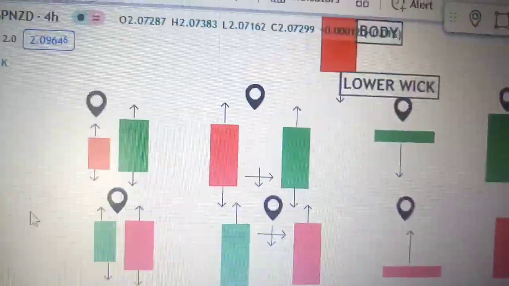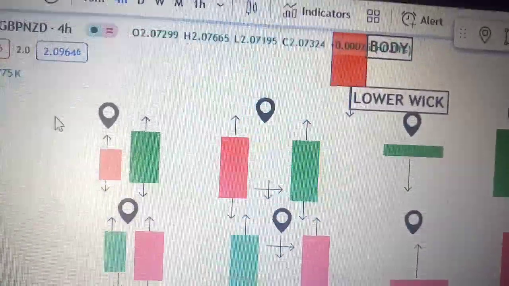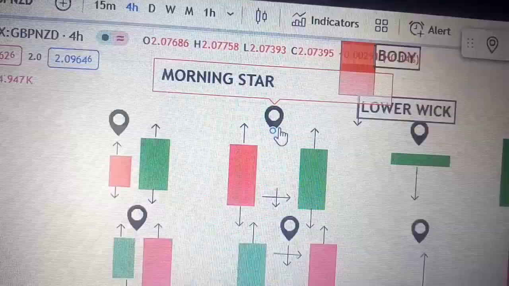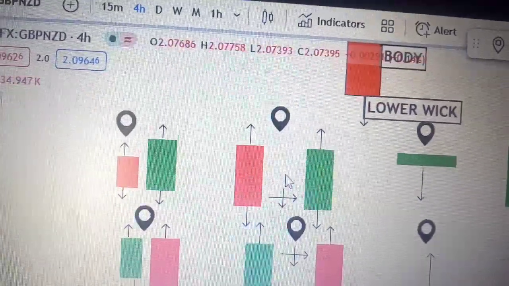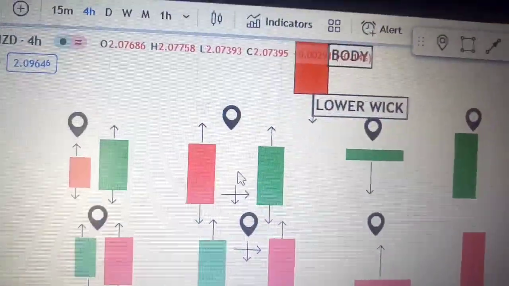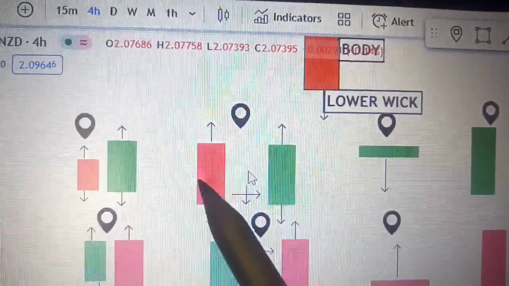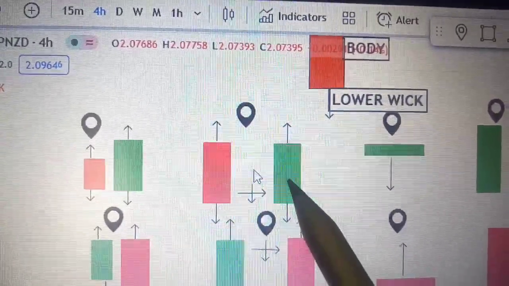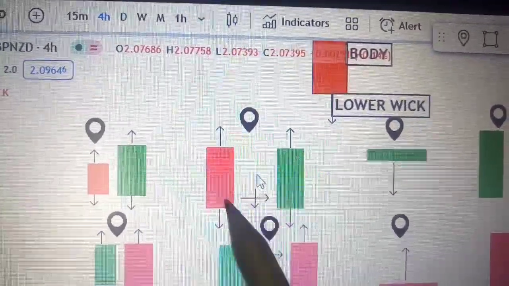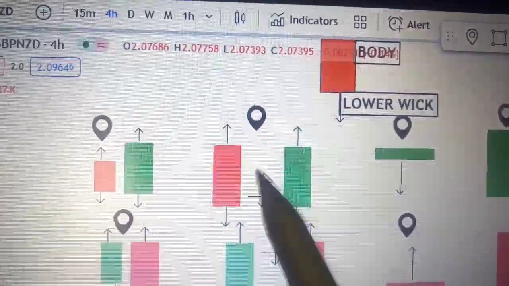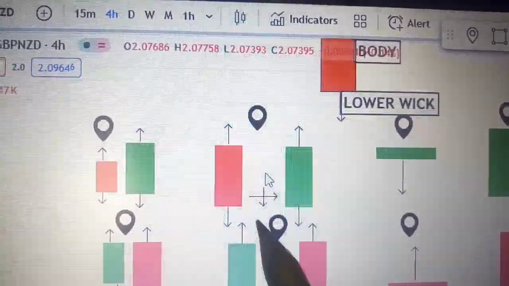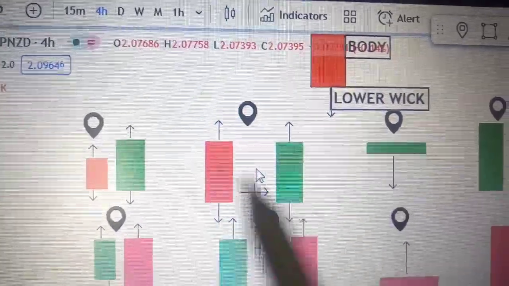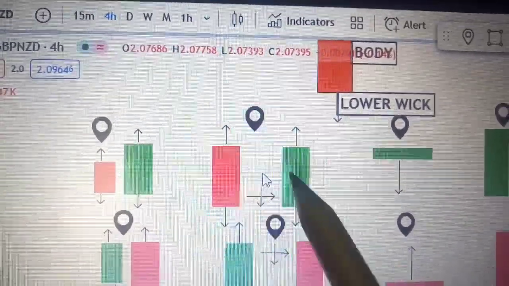The third candlestick that I want you to know is called the morning star candlestick. And in this one, we have the red candle and the green candle, and in the middle, ensure that you find a cross or a doji. I'll tell you what a cross or a doji is in the next one.